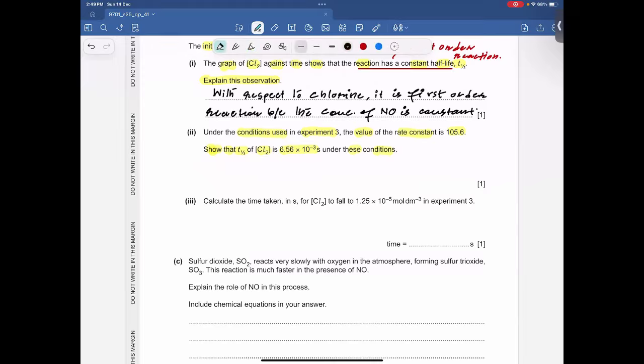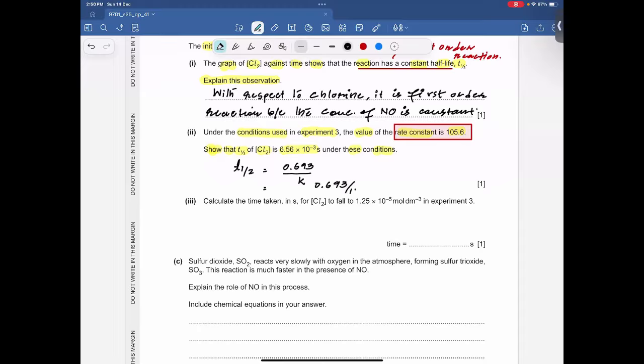Since chlorine has a first order reaction, for first order reaction the half-life formula is 0.693 over K. K is basically the rate constant, and the rate constant is already given in the question, which is 105.6.